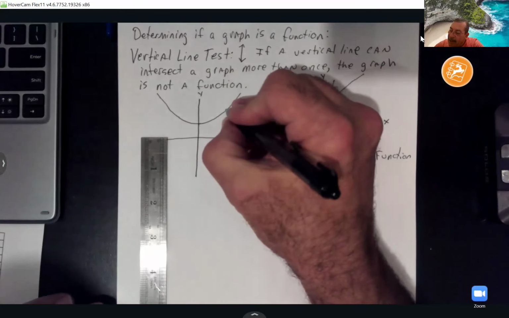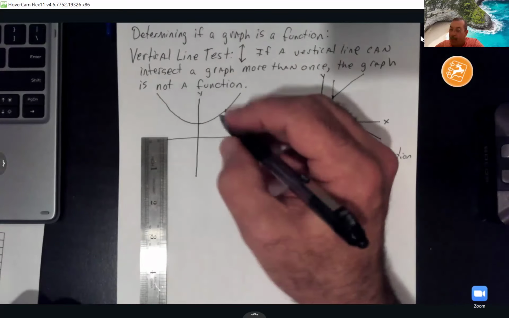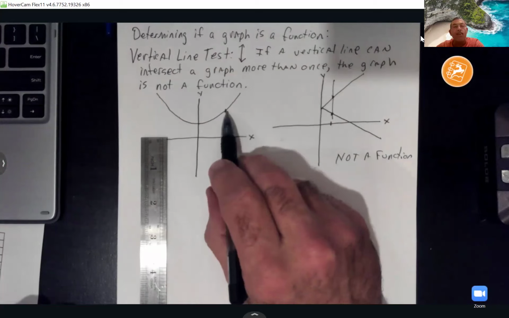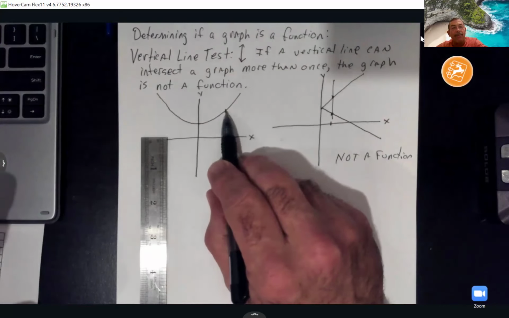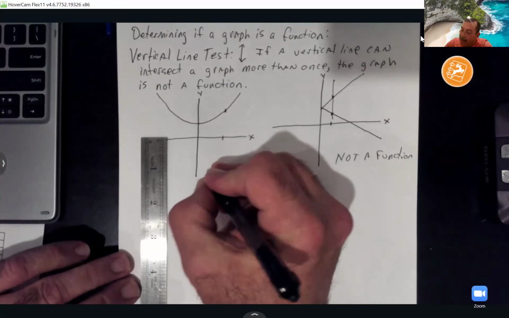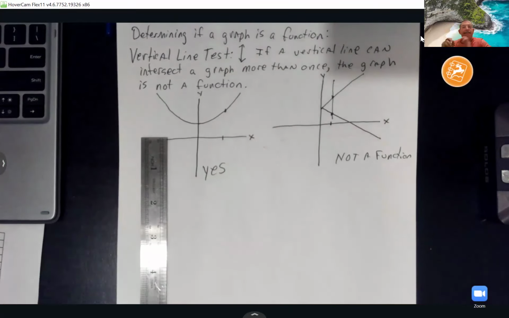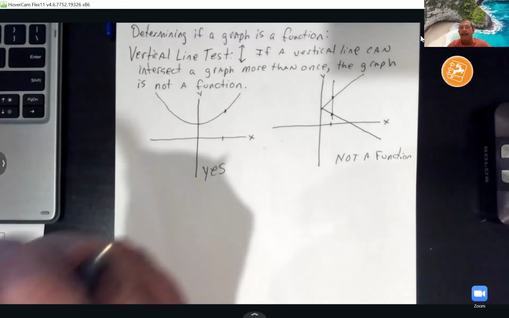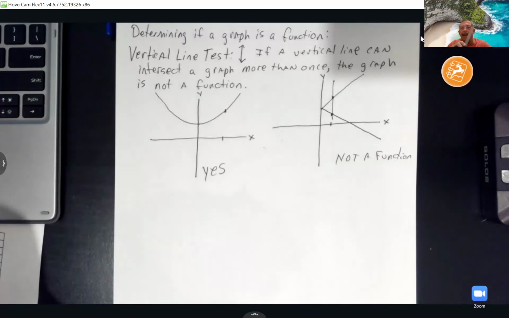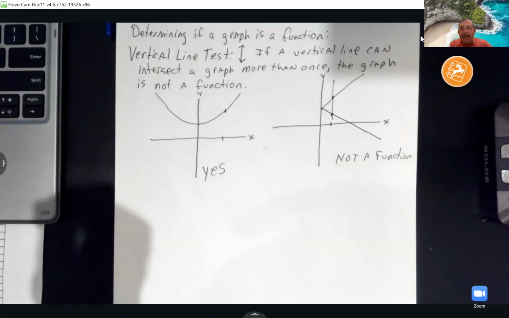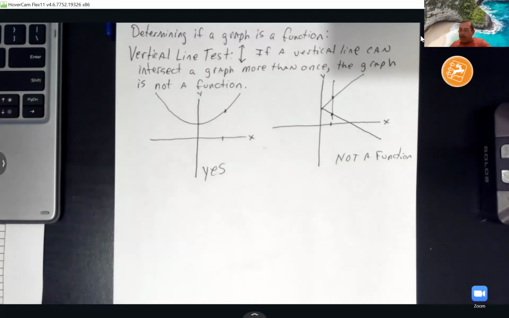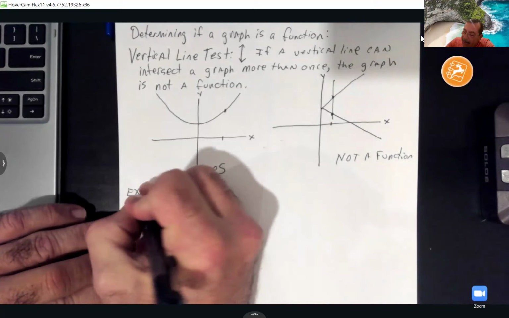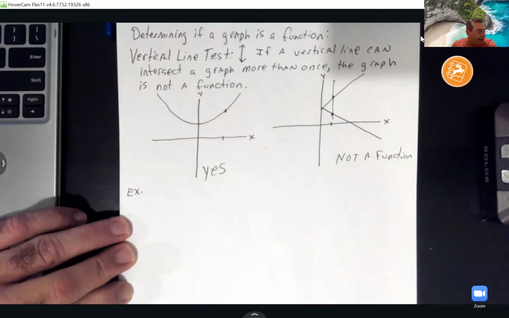So since it's only intersecting it once, no matter where I put it, that means that these x values only have one y value. So this one would be, yes, a function. So the vertical line cannot intersect the graph more than once, okay?